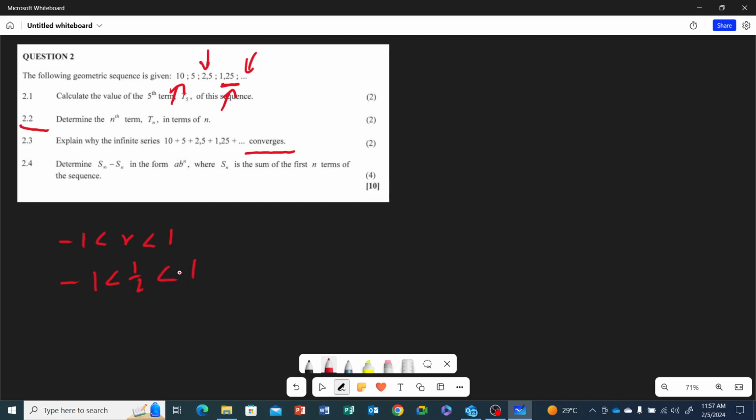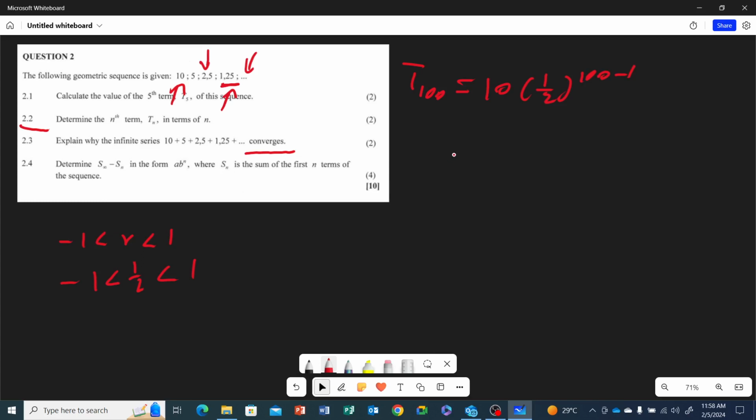Now I can show you a practical example. Remember we got an equation of Tn. So we can say T100 is equal to the first term, 10, into half, to the power 100 minus 1.